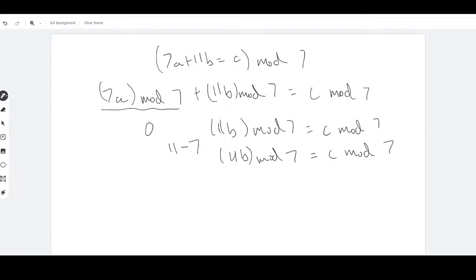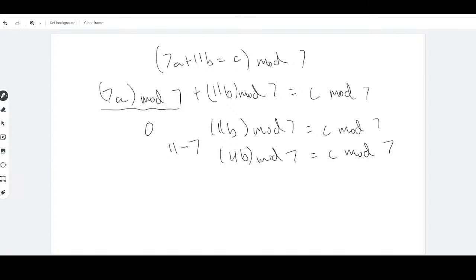Okay. So now what we've done is we've made a new equation from our previous equation by taking a mod 7, right? And now we can get more information about the relationship between B and C using this new equation that we have.